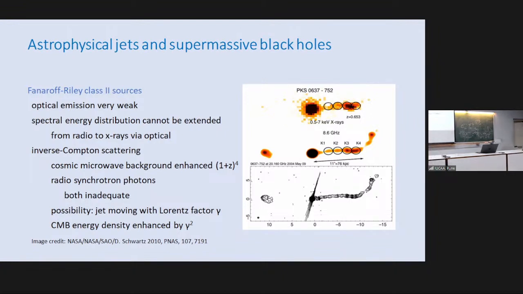One possibility which has been talked about is that in these jets, what you're seeing is not just inverse Compton scattering of the cosmic microwave background radiation. If you position yourself on the jet, which itself is moving at a high velocity, you're seeing an enhanced intensity of the CMB radiation.